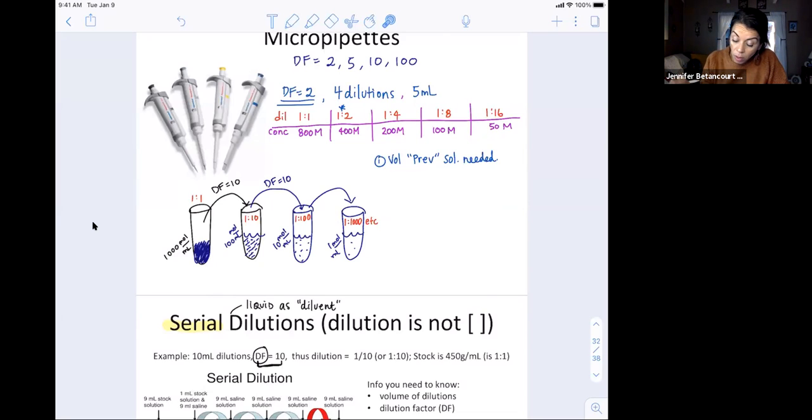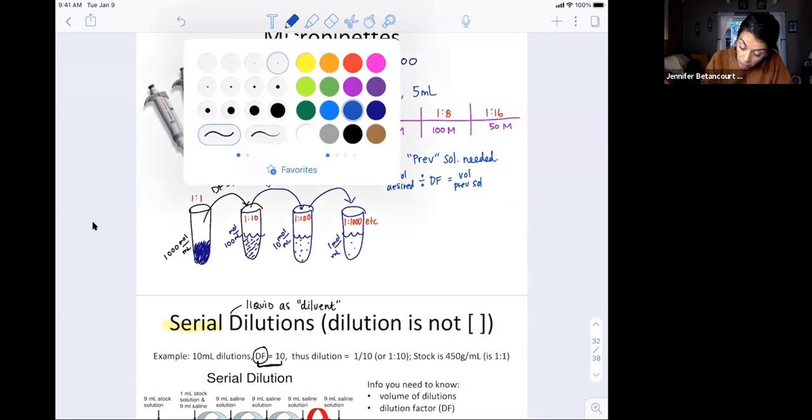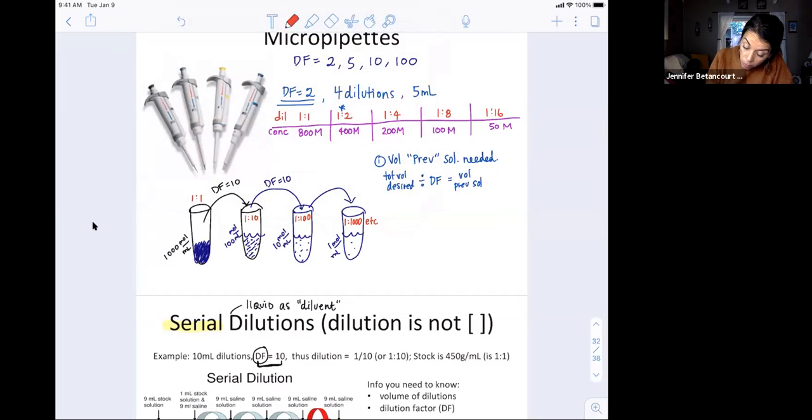So to figure out the amount of previous solution, all you got to do is super simple. What's your total volume desired? Divide by your dilution factor, and this gives you the volume of the previous solution you need. So in this example here, the total volume we said was 5.